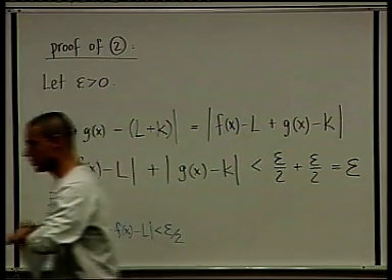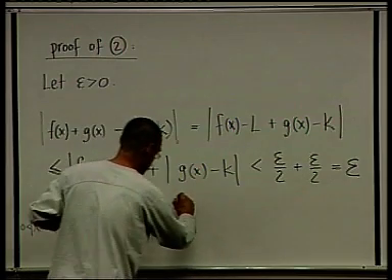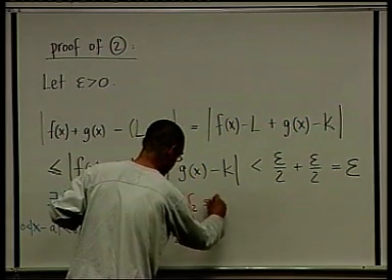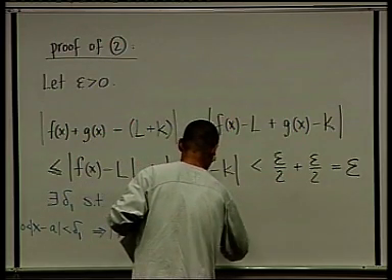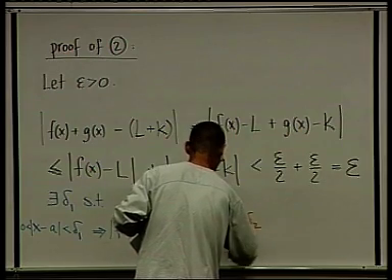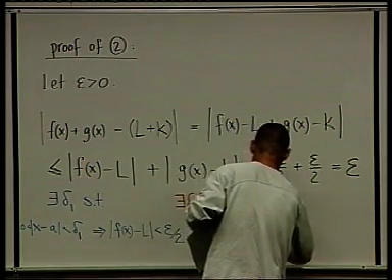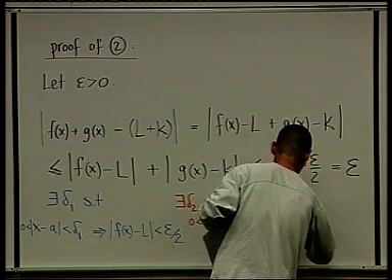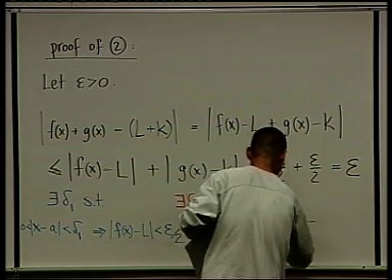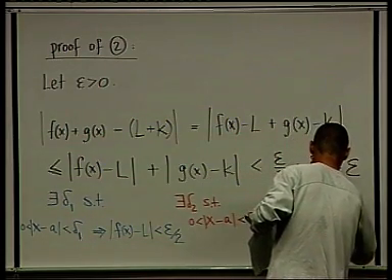Similarly, let's use a different color. There exists a delta, call it delta 2, such that if x minus a is less than delta 2 and greater than 0, then g of x minus k is less than epsilon over 2.